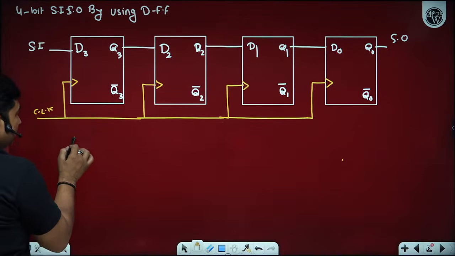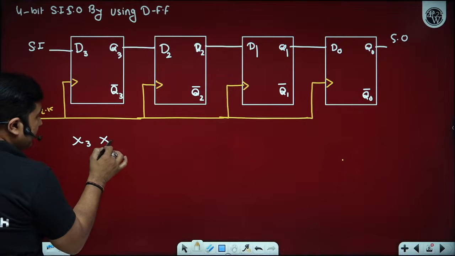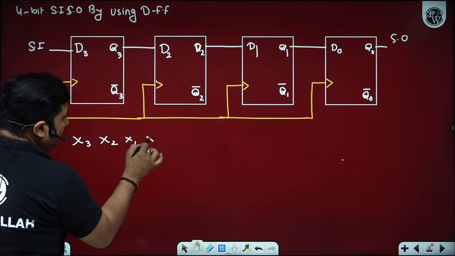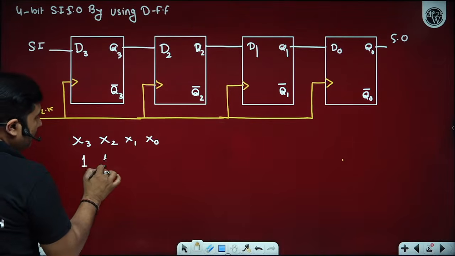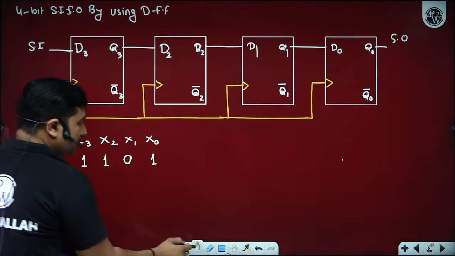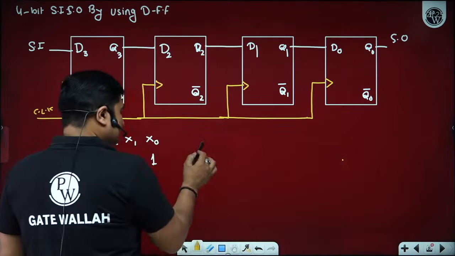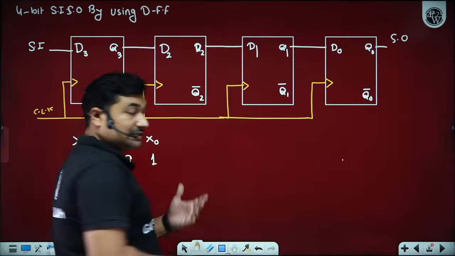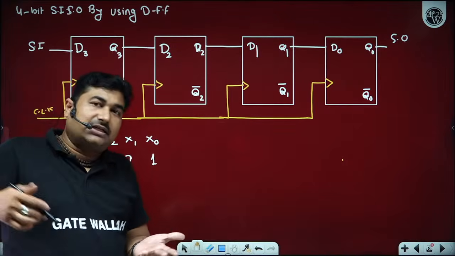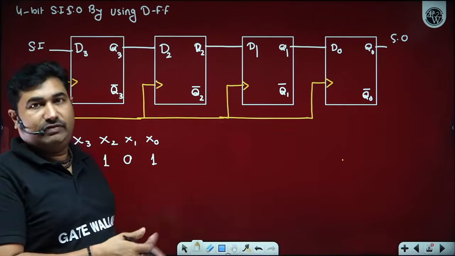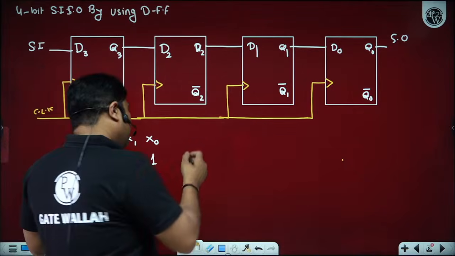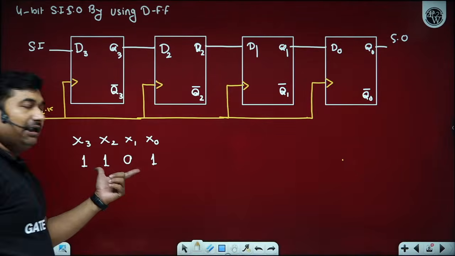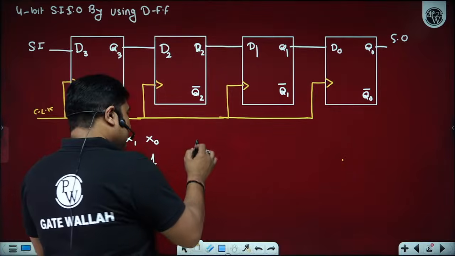Now please observe, let us suppose for a moment we have data x3, x2, x1, x0 as 1, 1, 0, 1, and we want to store it onto the register. So I have a digital register, like a physical register where you note down. In the same way, we have a digital register. I want to register this particular data onto the digital register.